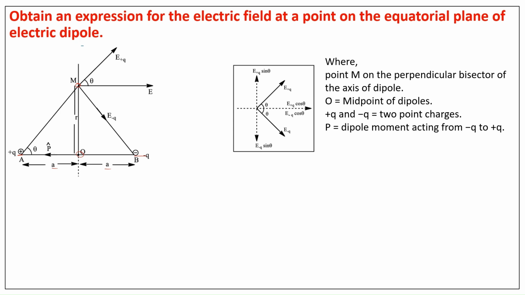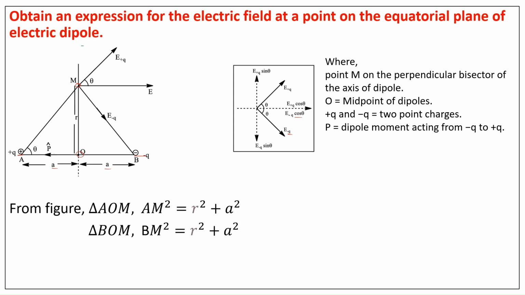Point M is on the perpendicular bisector of the axis of the dipole. E plus Q cos theta is the component of E plus Q along ME, and E minus Q cos theta is the component of E minus Q along ME.